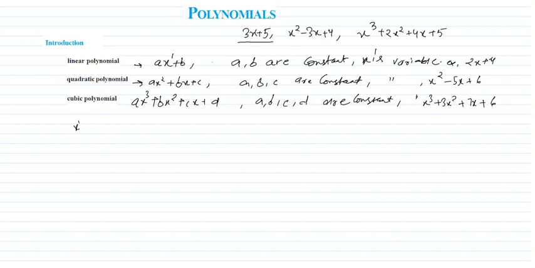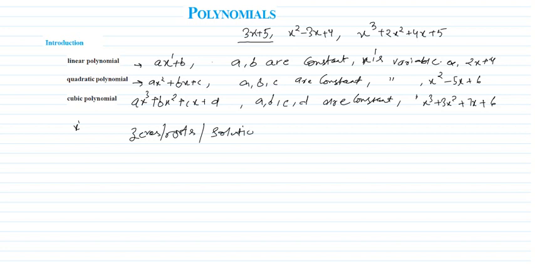As we have discussed, the highest power of the variable in a linear polynomial is 1, so it will have 1 zero or 1 solution. A quadratic polynomial will have 2 zeros, 2 roots or 2 solutions. Similarly, a cubic polynomial will have 3 roots, 3 zeros or 3 solutions.